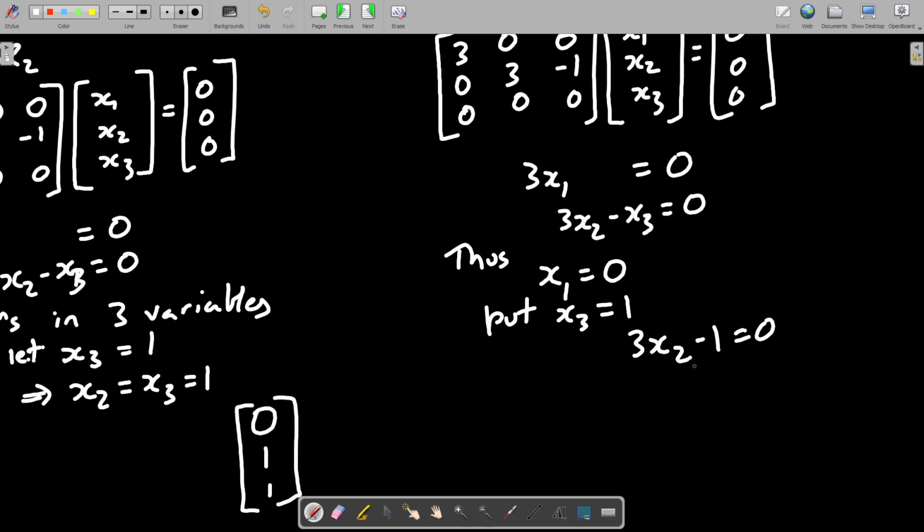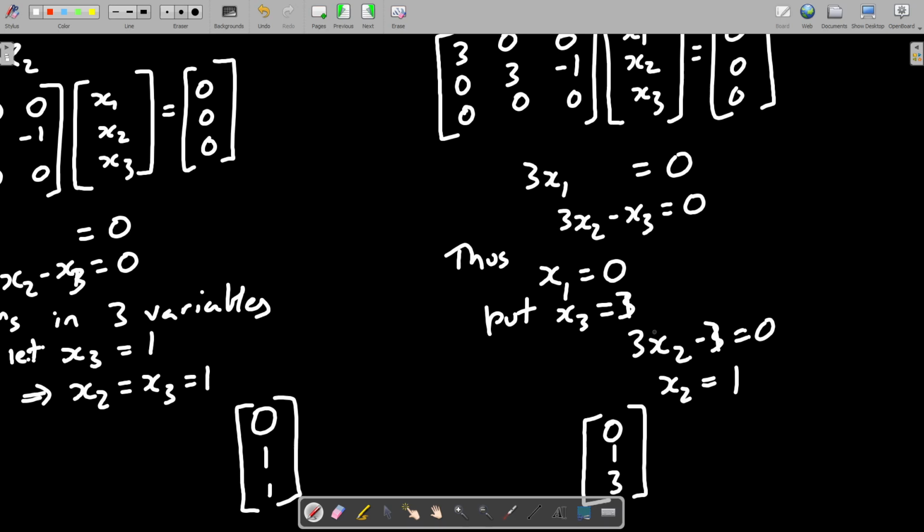Okay, rather we'll do one thing, we'll put this number as 3, so that x2 comes equal to 1. Otherwise you'll have to write 1 by 3 over there. So 0, 1, 3.